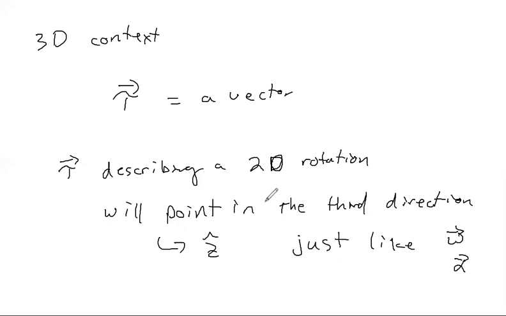Okay, so I'm going to stop there. That's the definition of torque and moment. In the next video, I'm going to describe how we can use torques to study the motion of objects.